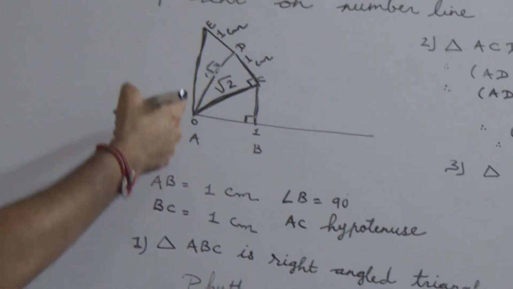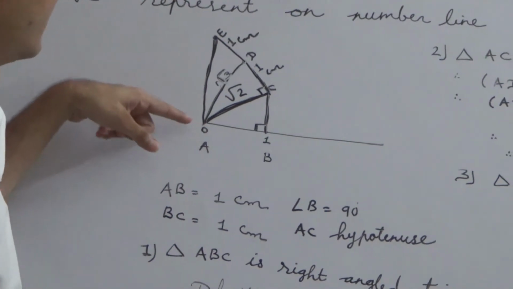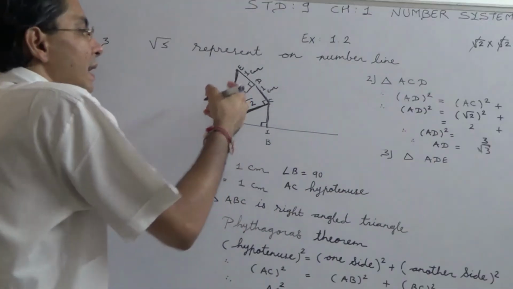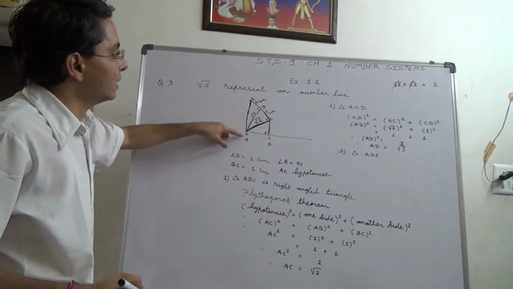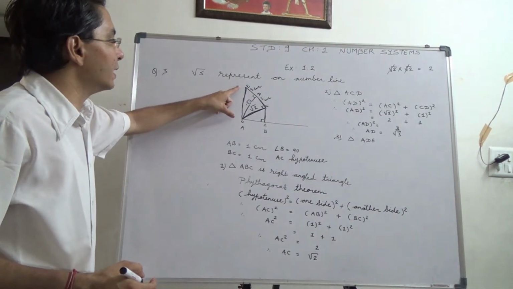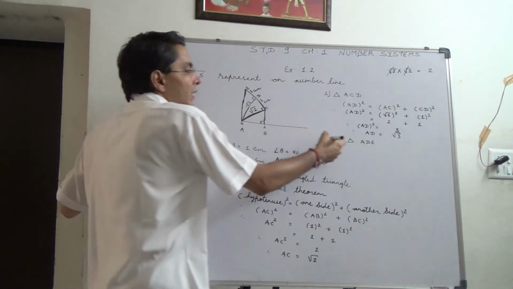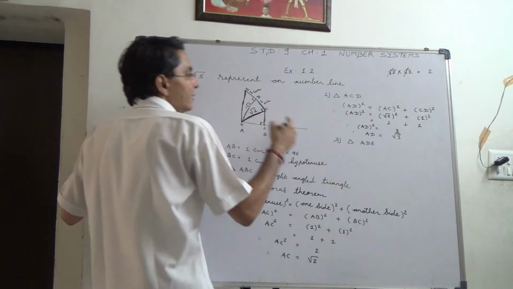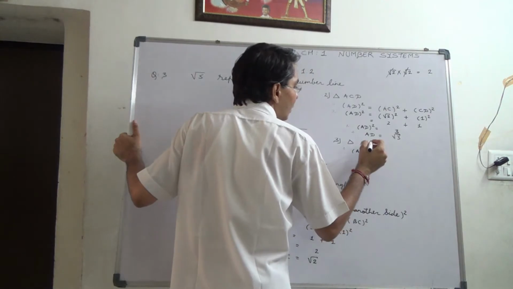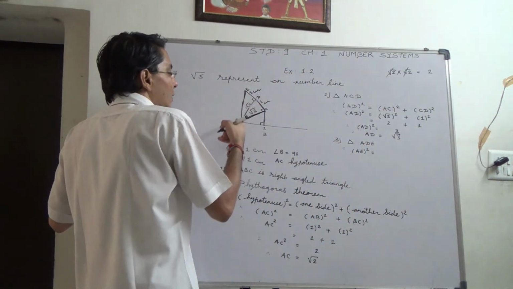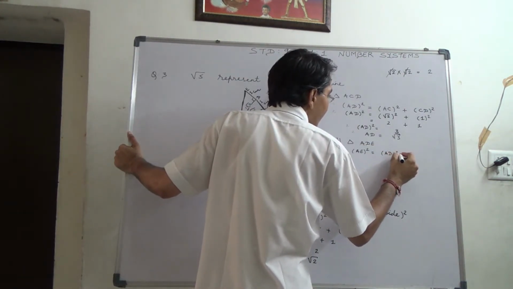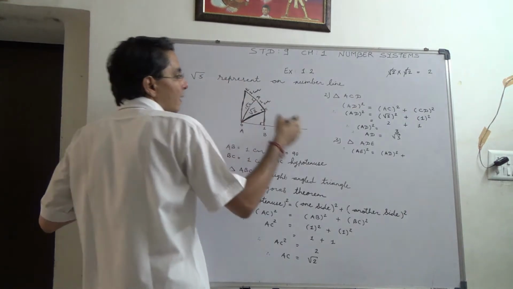Particularly in this question, if you consider triangle ADE, angle D is 90 degrees. So the side opposite the right angle is the hypotenuse. So our hypotenuse in this triangle is AE, therefore AE square is equal to AD square plus DE square.